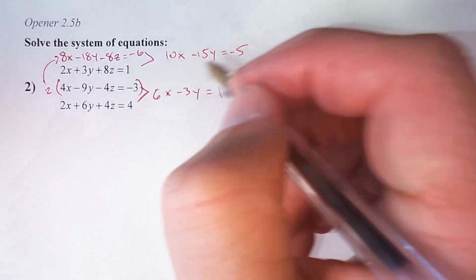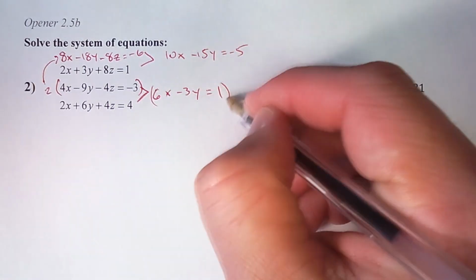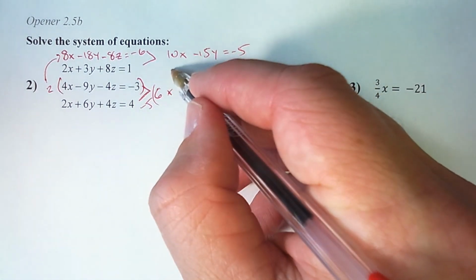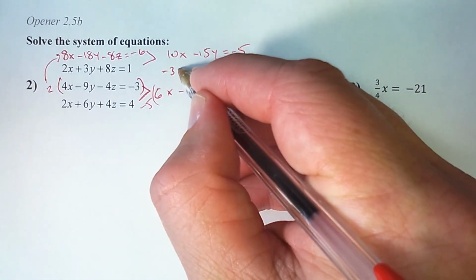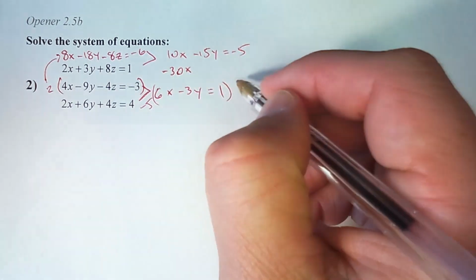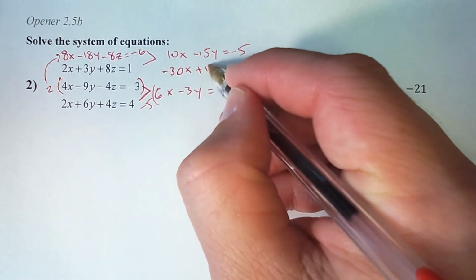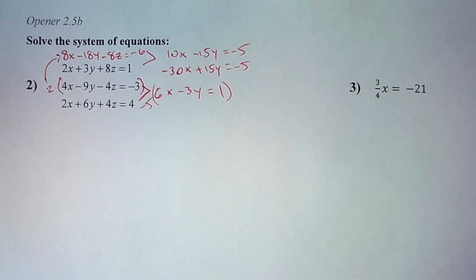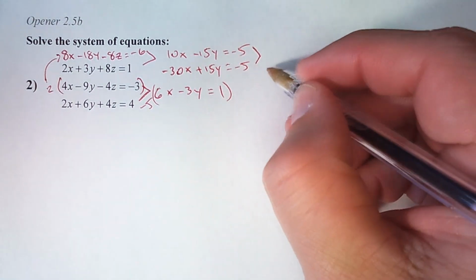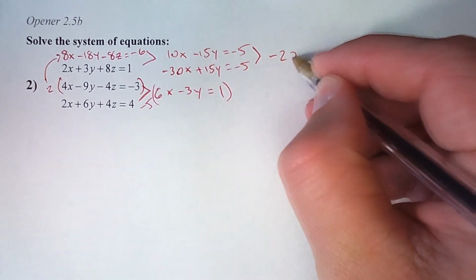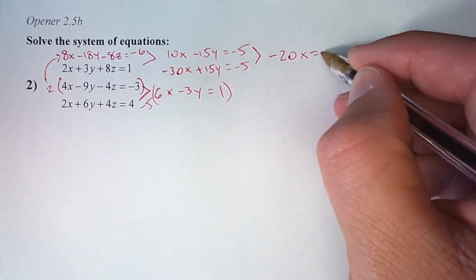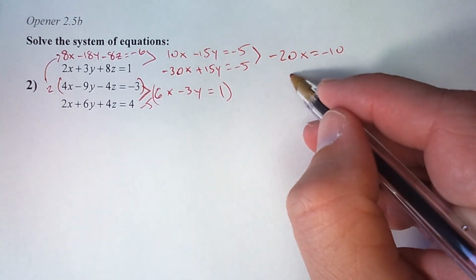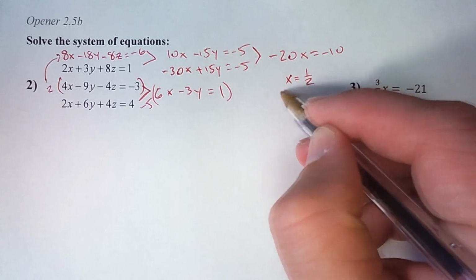Then I can multiply this equation by -5, and I'll get -30x plus 15y equals -5. When I combine these two equations, I get -20x equals -10. When I divide by -20, I get x equals 1/2.